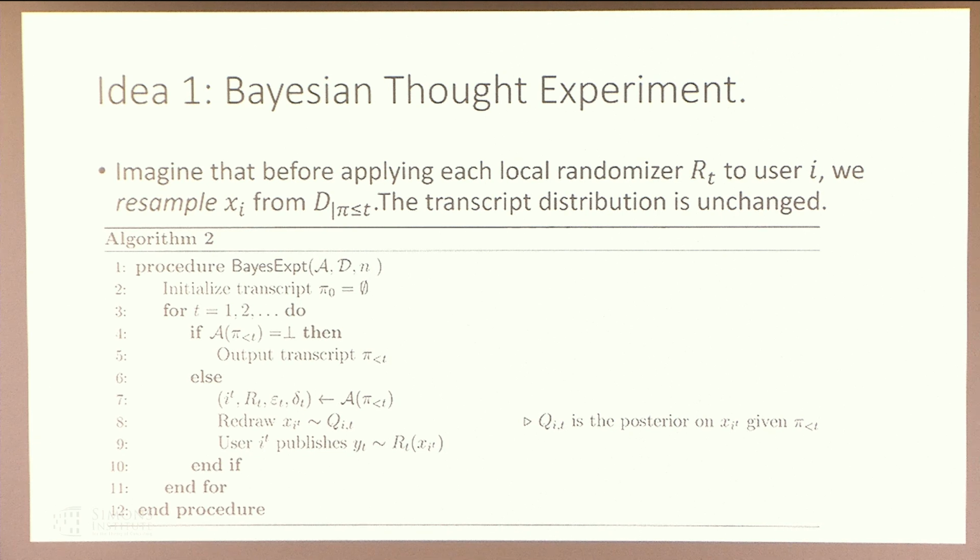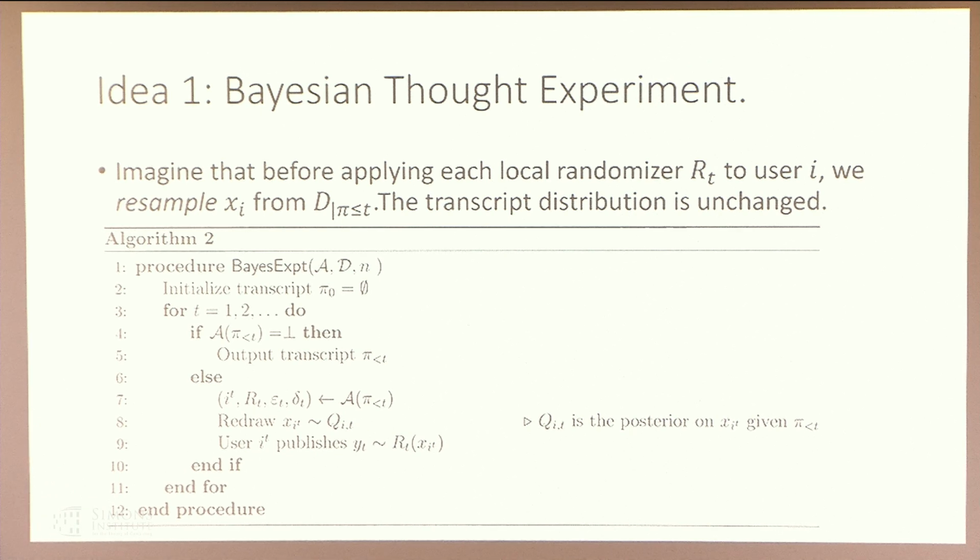In general, if I have any pair of jointly distributed random variables, I can sample x and I can sample y conditional on x, or I can sample x, sample y conditional on x, and then resample x conditional on y, and I get the same joint distribution. That's all we're doing here. Okay, so our target can be to simulate the transcript distribution on this thing.